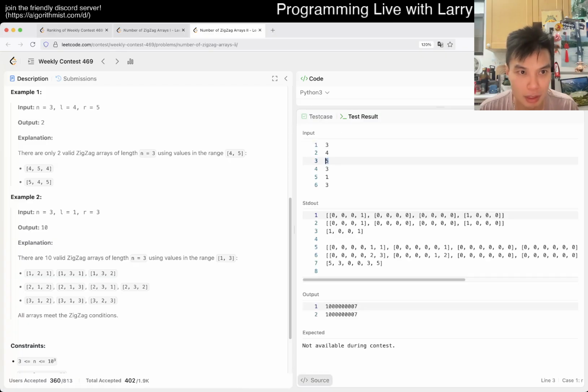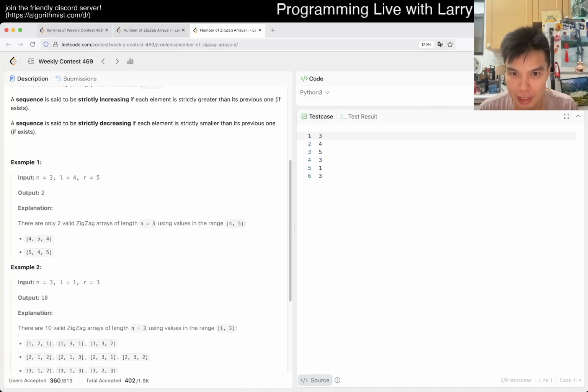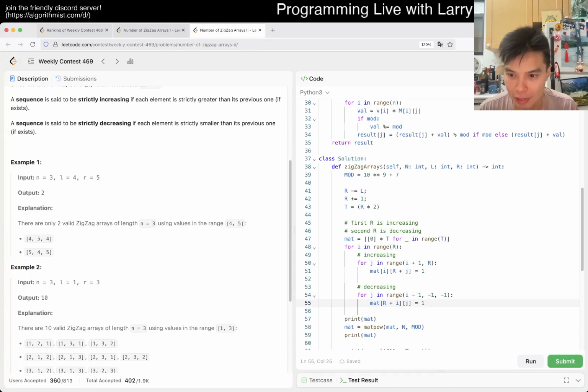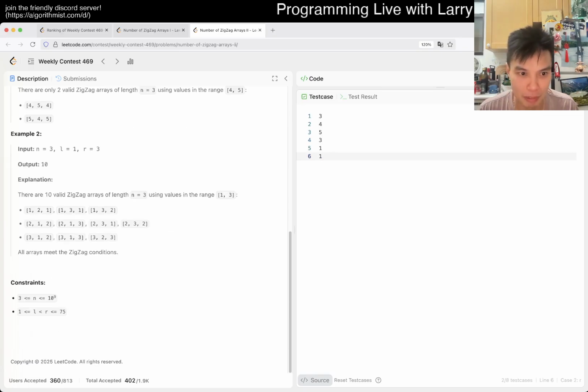Let's just say n is 1. I cannot edit it, even though it looks editable. Oh, at least 3. Why is it at least 3? Okay, let's just try. I guess that cannot be 1 because I just 0.